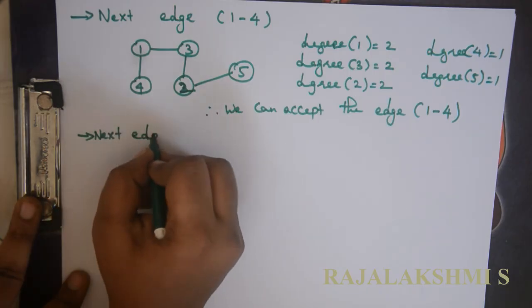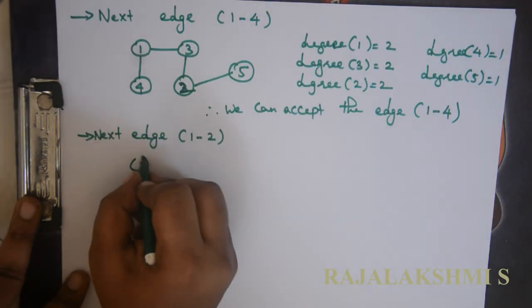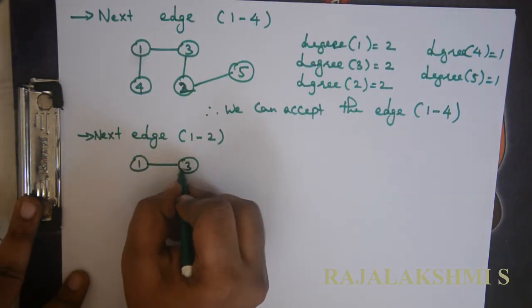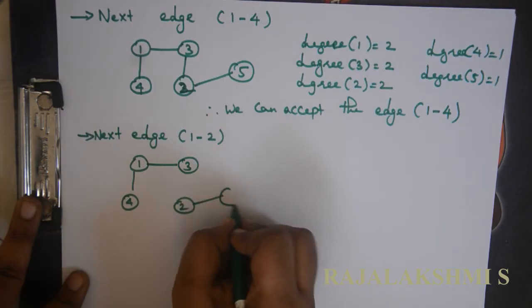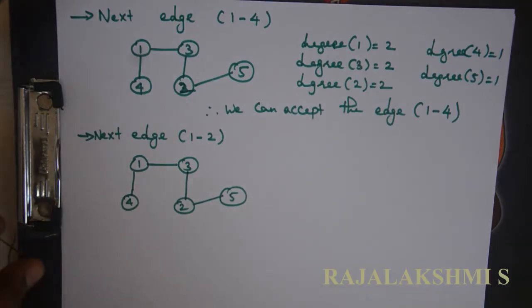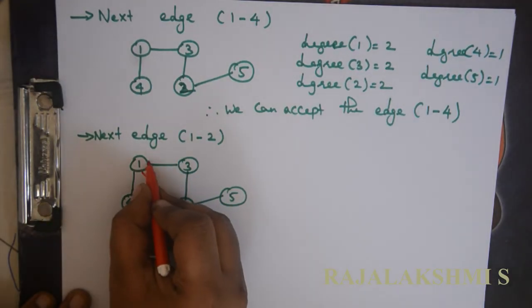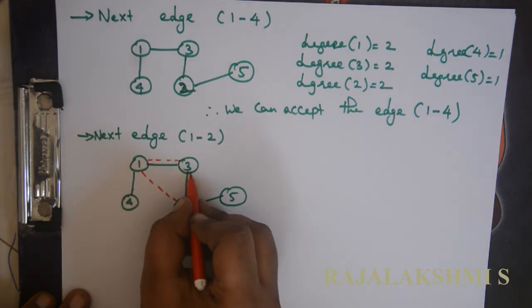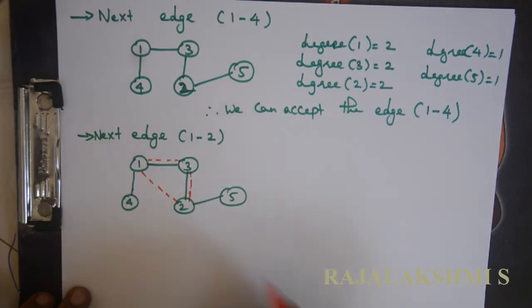Okay, now the next edge is 1 to 2. So first I am rewriting the previous diagram: 1, 2, 3, 4, 2, 5. I am having a diagram like this, right? Now if I include the edge 1 to 2, it forms a cycle. The dotted red lines indicate the cycles.